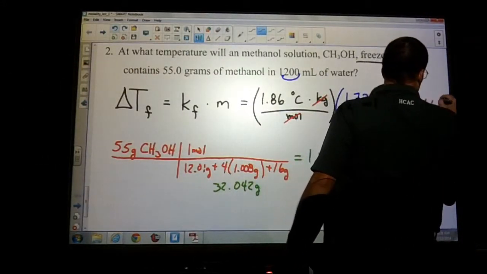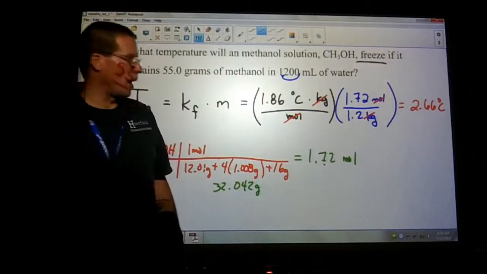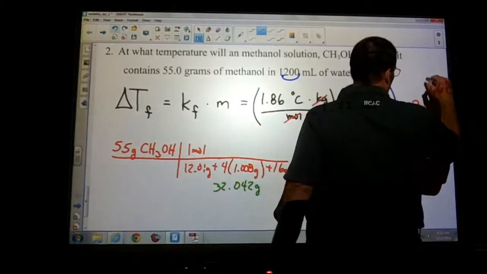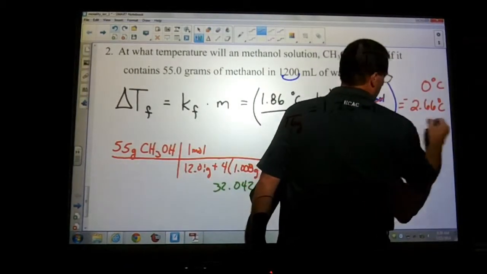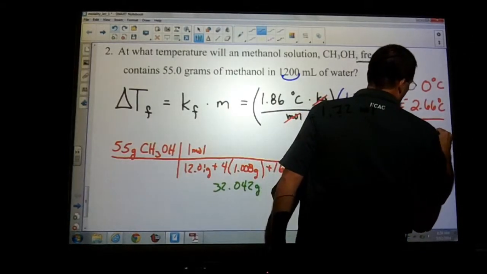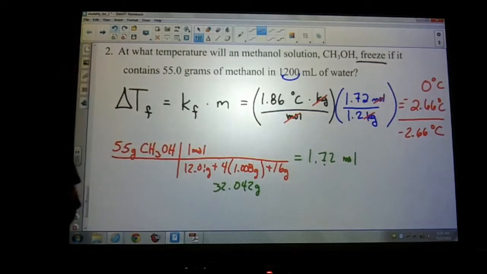So 2.66. Now what do you do with that? Subtract it from 0. So we have our freezing point is 0, so we're going to subtract that. And so water now freezes at negative 2.66 degrees Celsius. Brr. Isn't that fun?